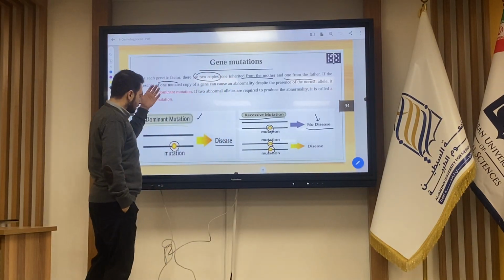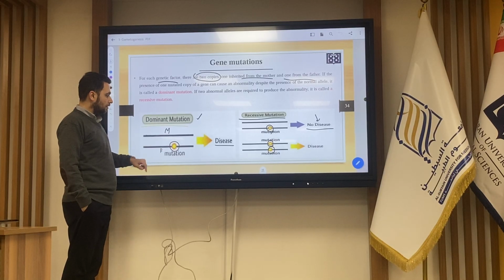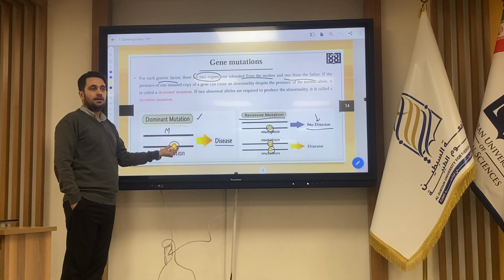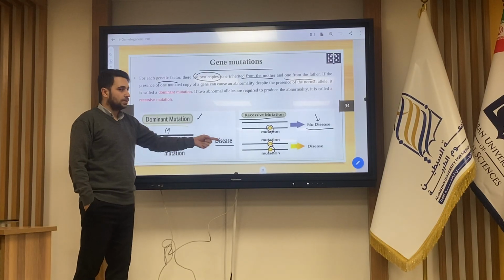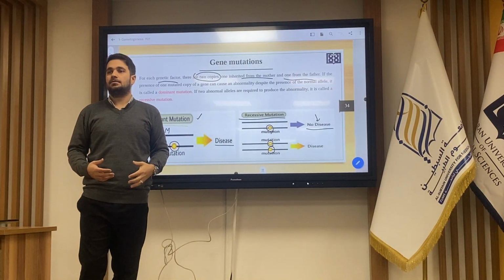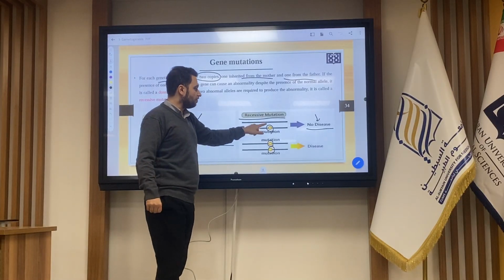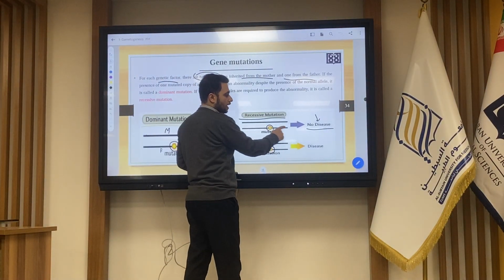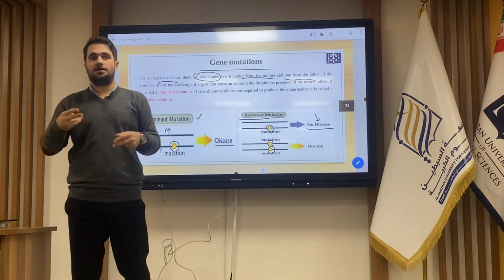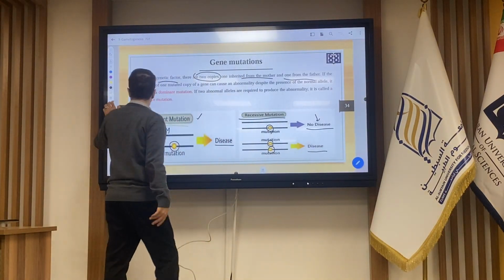For example, the mother is completely healthy and the father has the mutation, so it leads to disease because it is dominant. It's showing itself. Dominant means very powerful. But in the recessive, if one of them has the mutation, no disease, and both mother and father must have this mutation, which leads to disease.